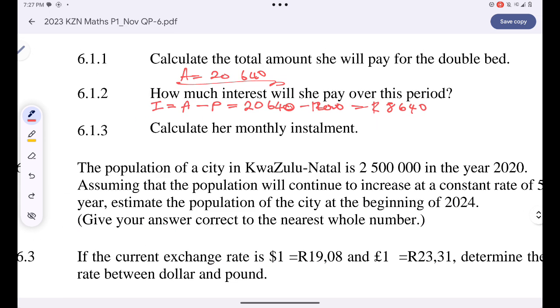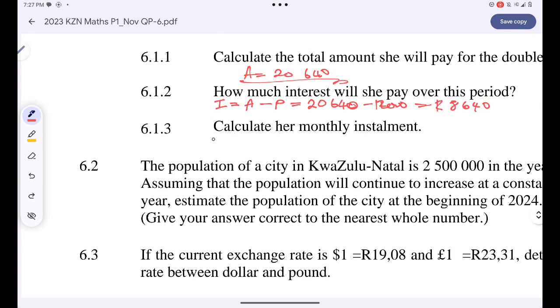Now I'm supposed to calculate her monthly installment. Let me call the monthly installment X. How can I find X? I'll simply say 20,640 all over 12. Remember that in 1 year we have 12 months, right? However, this will happen for 6 years. That's why I'm saying 12 times 6 at the denominator.